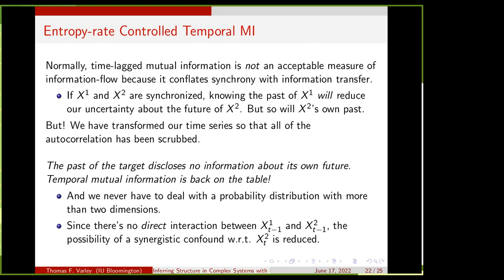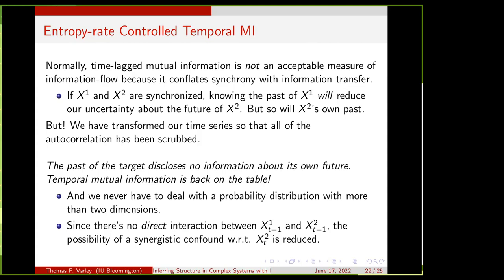This also means that we never have to deal with a probability distribution with more than 2 dimensions. We need a 2-dimensional probability distribution to do the edge whitening, and we need a 2-dimensional probability distribution to do the mutual information between the source and the target, okay? But we never need a 3rd variable at any point. We're doing 2 and 2 instead of 3, okay?